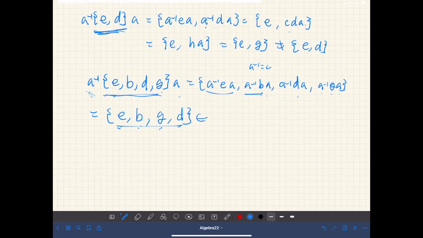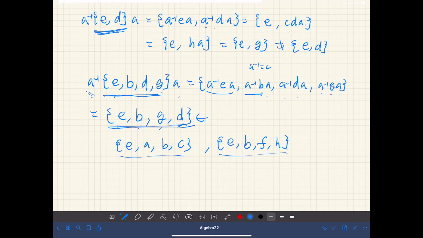And by the way, all the subgroups of order 4 are the following. So this is one thing. And others are E, A, B, C. And the last one is E, B, F, H. Okay, so there are these 3 subgroups of order 4 for the group D4.